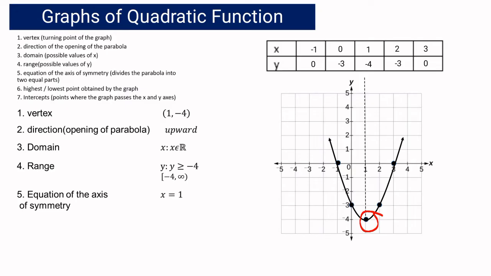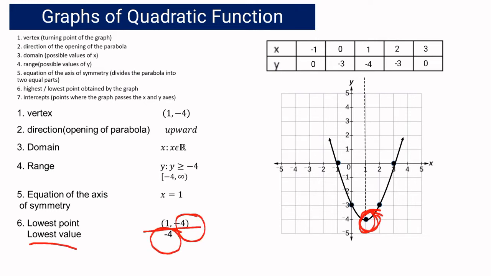And if we talk of a point, we all know that a point in a Cartesian plane is expressed by an ordered pair. And obviously, the lowest point is the vertex. That is why the lowest point is the vertex (1, negative 4). But if you are asked for the lowest value, then your answer is negative 4.